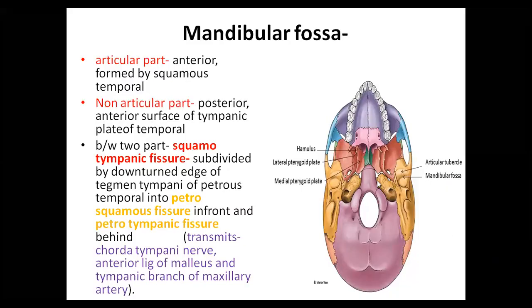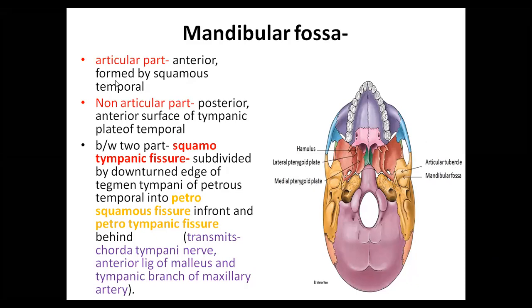See here, this is the mandibular fossa. The head of the mandible comes and articulates over here to form the temporomandibular joint. This fossa has an articular part, formed by the articular tubercle written over here.